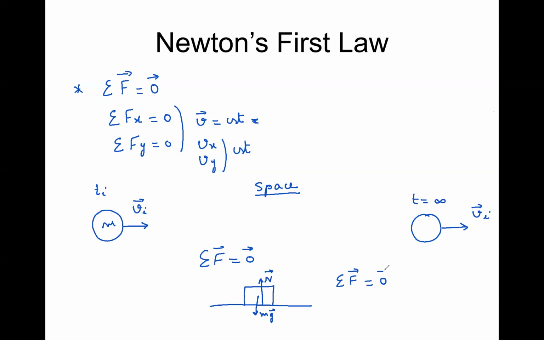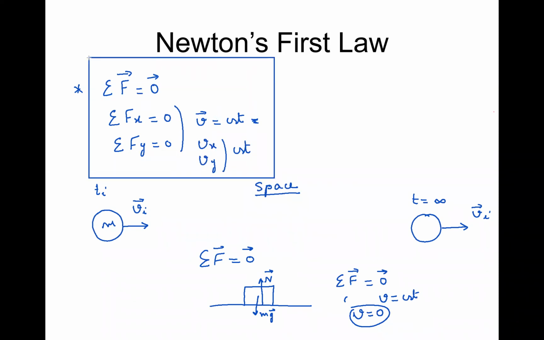We don't have motion, we don't have acceleration. In this case, the summation of F equal to 0, so v must be equal to constant. In our case here, v equal to 0, so v equal to 0 all the time. Okay, remember this definition. When F equal to 0, the velocity is equal to constant.